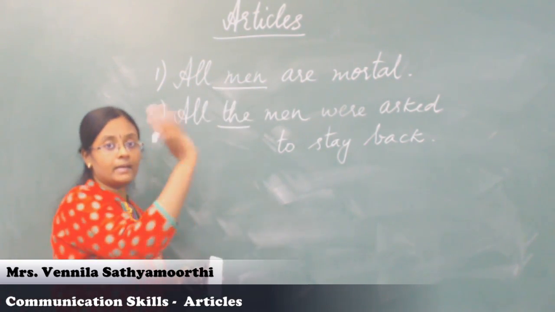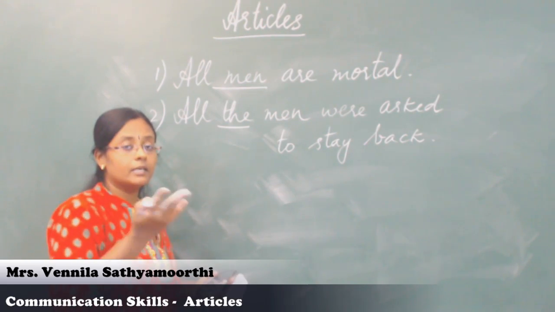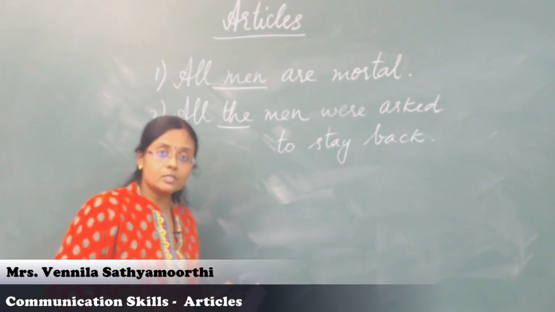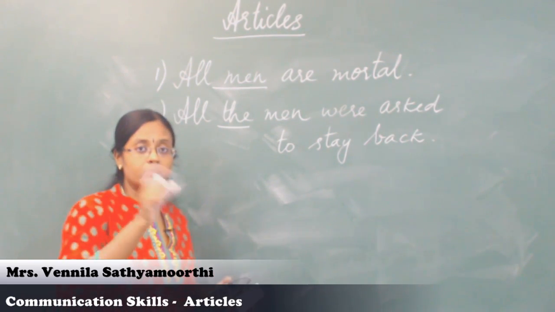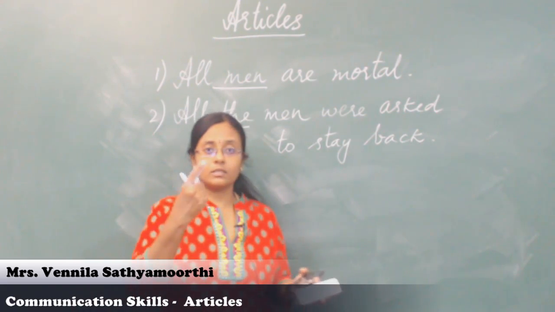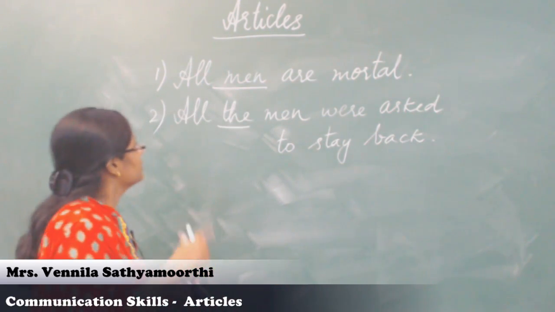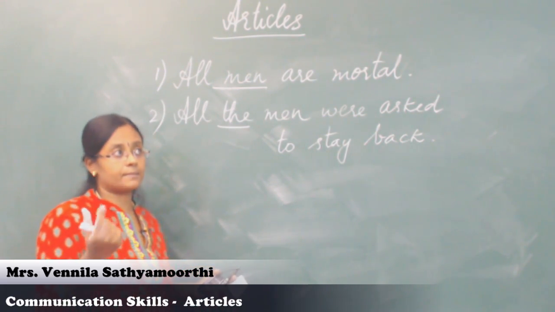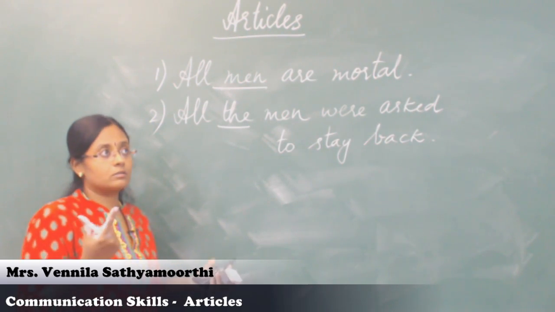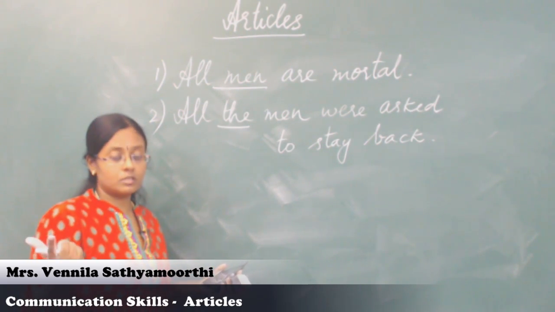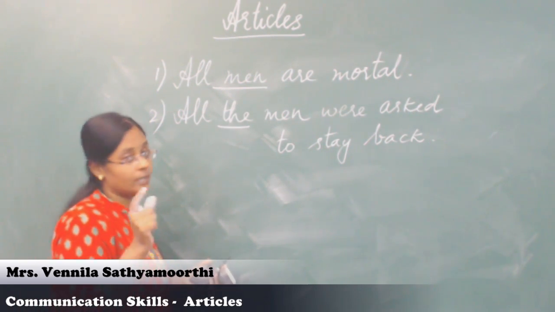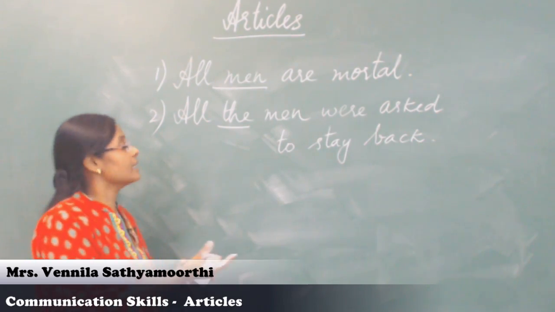Here it talks about mankind in general. For that matter, you can even say man is mortal. There also man means mankind, not a single man. Man and woman, we use it in that sense. Man proposes, God disposes, we say. So there man means the whole of mankind.